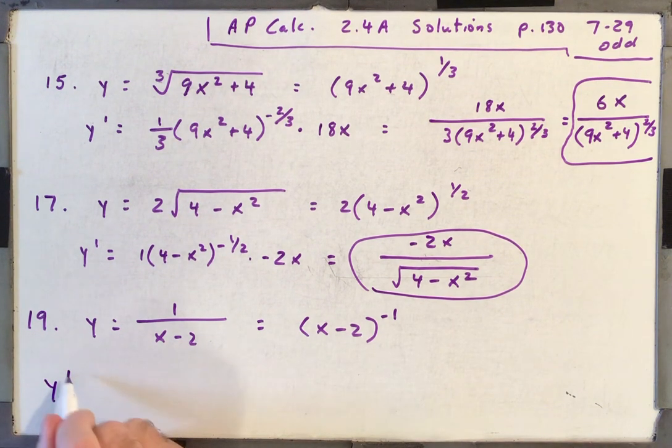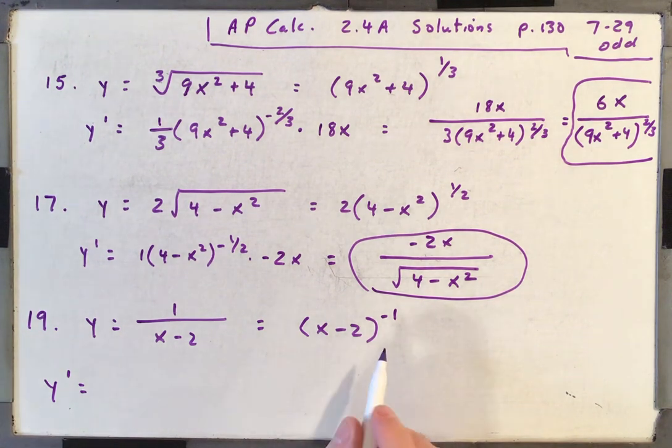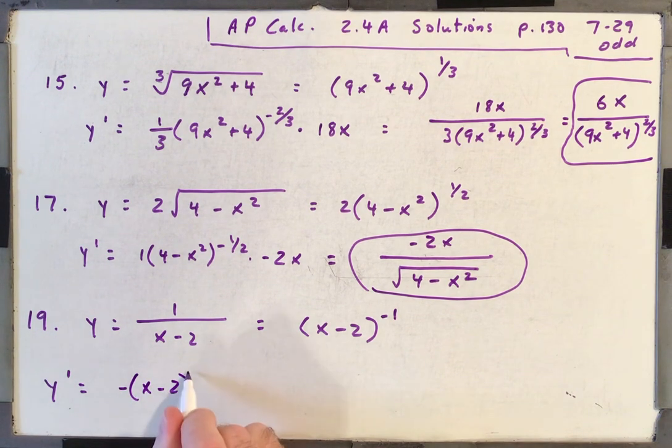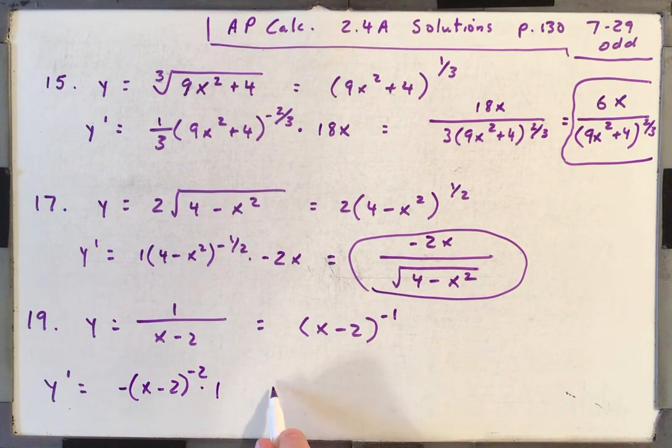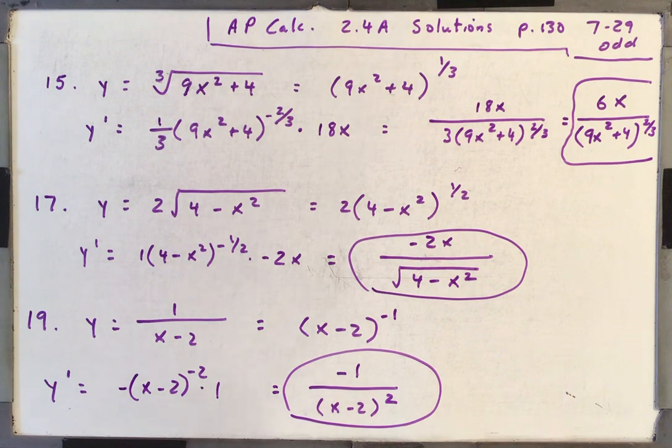That will come in really handy when we're doing some word problems in Chapter 3. So y prime, bring that negative 1 out front times x minus 2 to the minus 2 times the derivative of the blob, which is just 1. So if we make that positive, a negative 1 on top over x minus 2 all squared. All right, great.